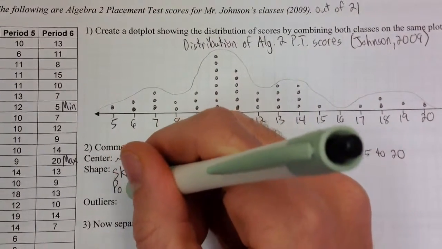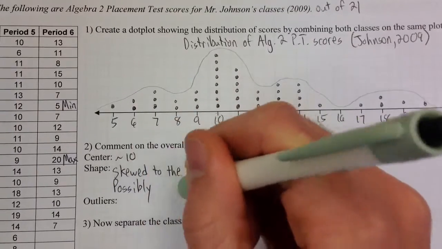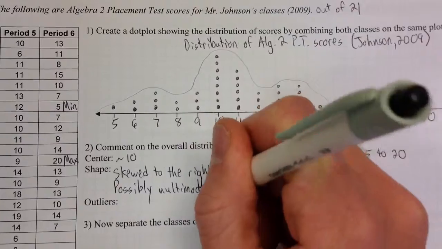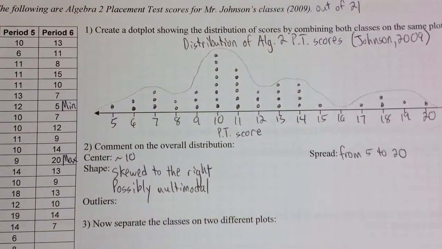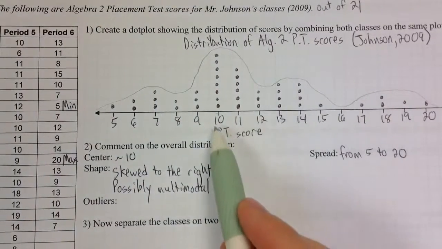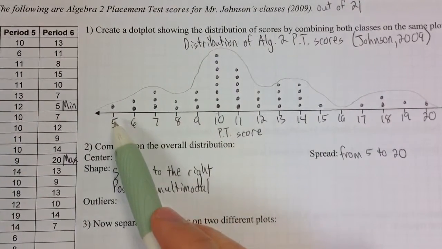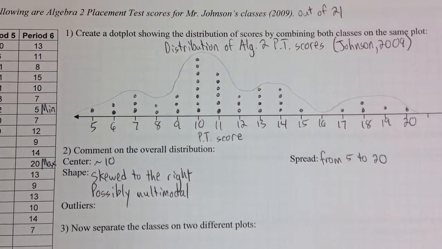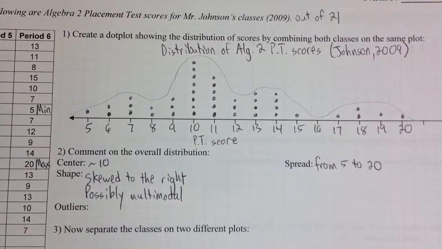So I'll say possibly multimodal. I say possibly because there's two reasons for that. You can have modes pop up just due to scaling, like your choice for bin size and also where you start your graph. And you can have modes show up due to chance, like if you're considering this a sample from a population.